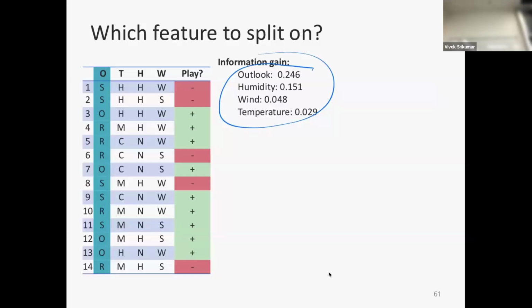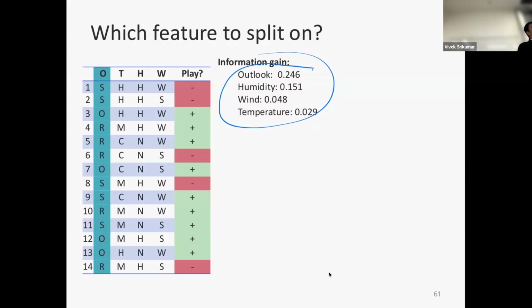So you have these four information gains: outlook, humidity, wind, and temperature. And the information gain for outlook seems to be the highest, 0.24. The intuition here is if you partition the data according to the feature called outlook, you get subsets that are more pure than when you partition the data according to these other features, because the amount of entropy that is eaten up by this split is much more.